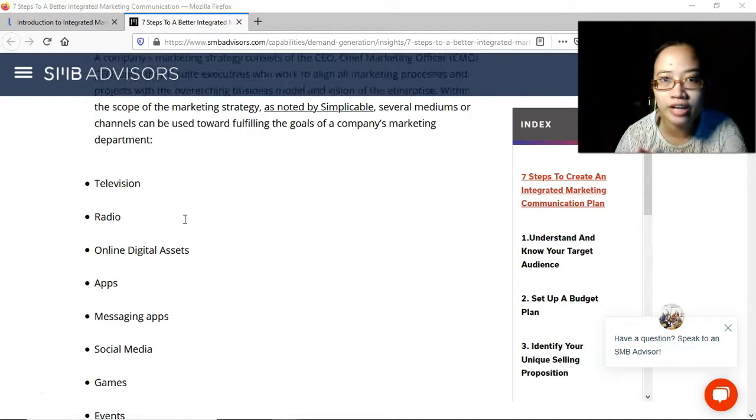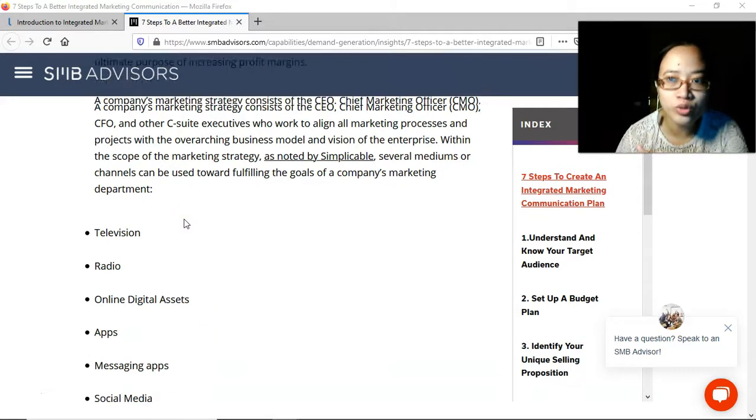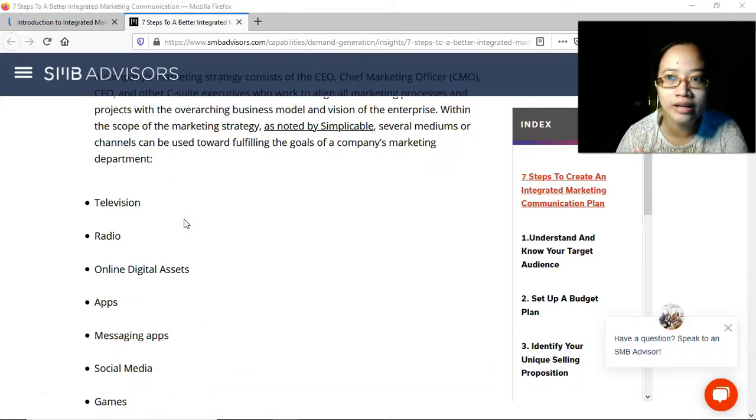We have the different types of channels that we can use for marketing, and then what businesses need to do is choose which channels would be the best way to reach their customers and impart the information about the product or services that they are offering.